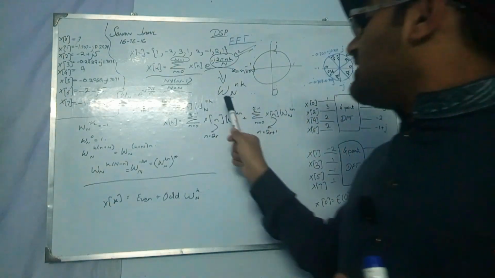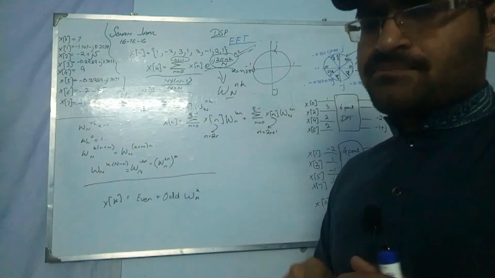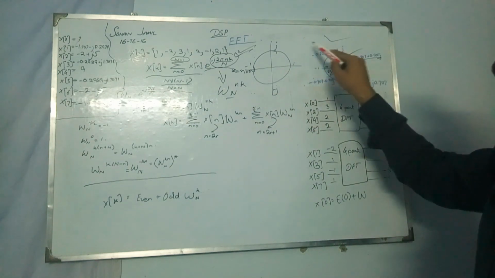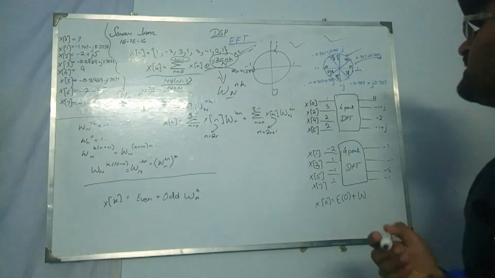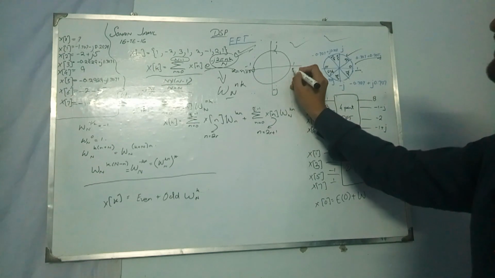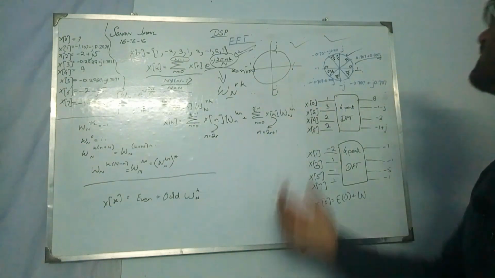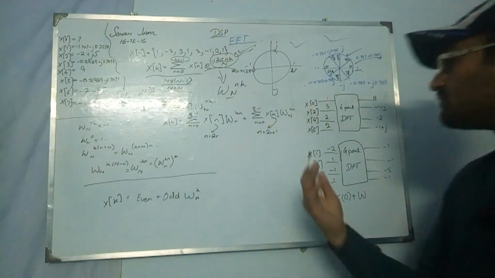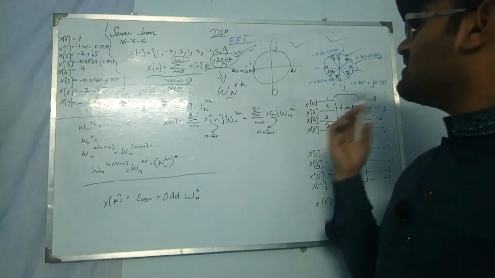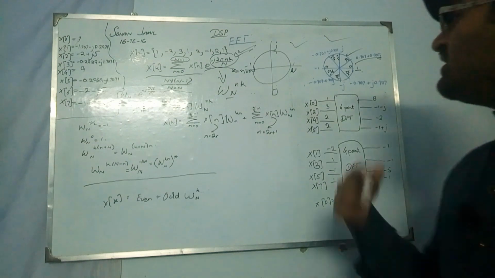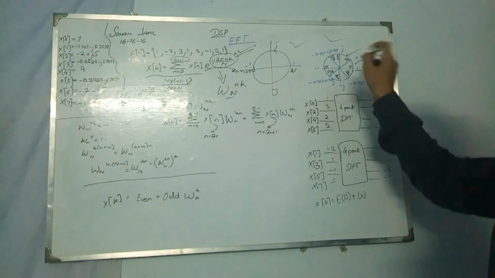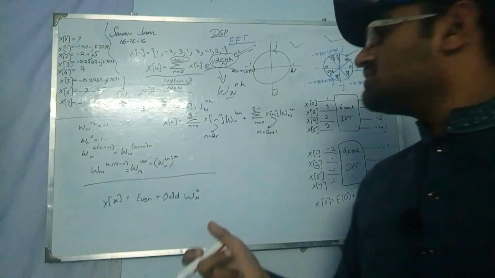First of all, let me tell you what this W of N is. Again, the concept of the circle comes into play. If we have N equal to 4, then we divide this circle into 4 parts. If we have N equal to 8, we divide this circle into 8 parts, and so on. If we have N equal to 16, we divide this circle into 16 equal parts.